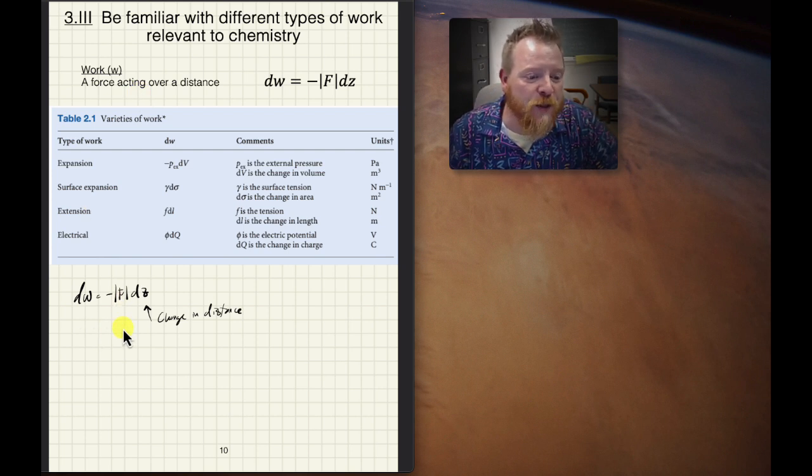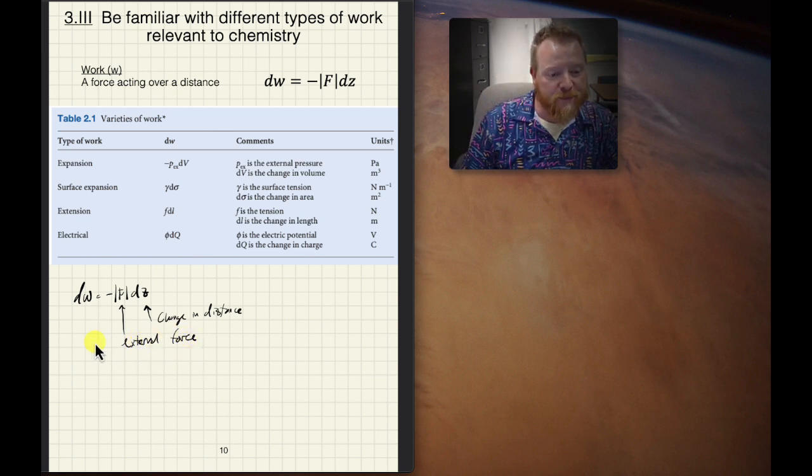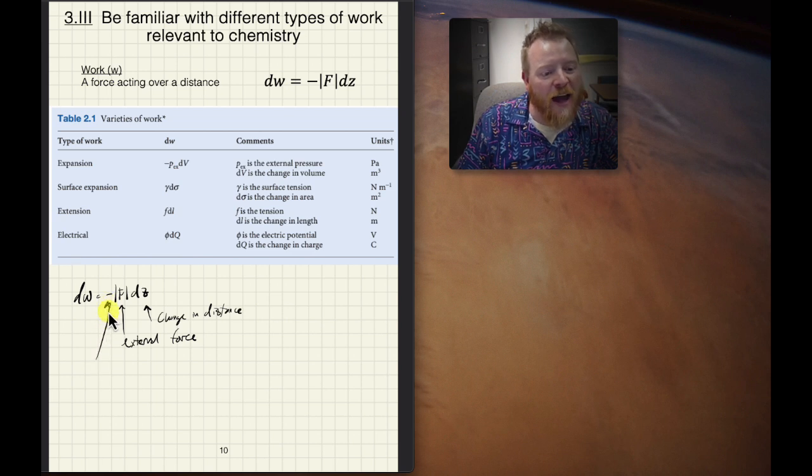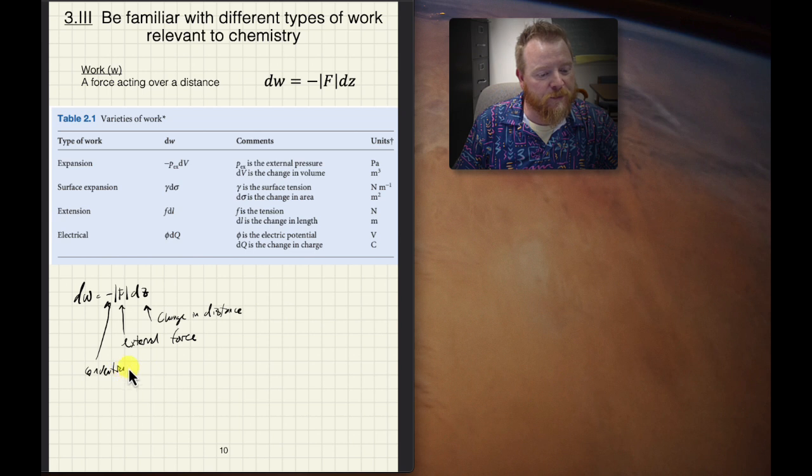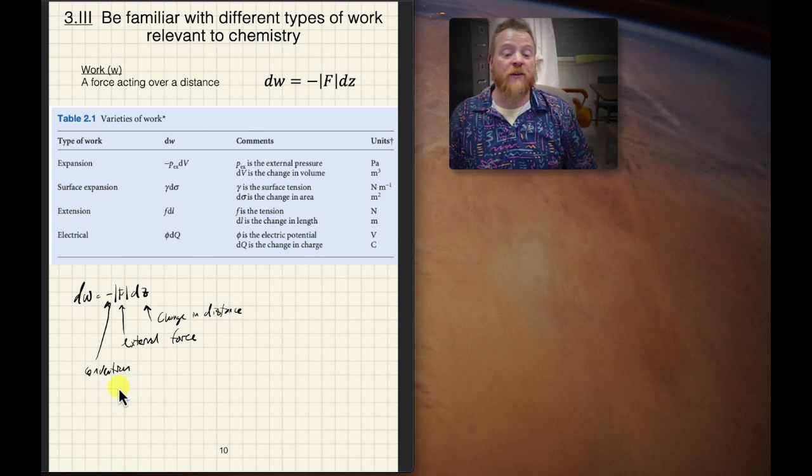So this absolute value of force is an external force being applied, and the negative sign there is a convention. And the idea is the following here.